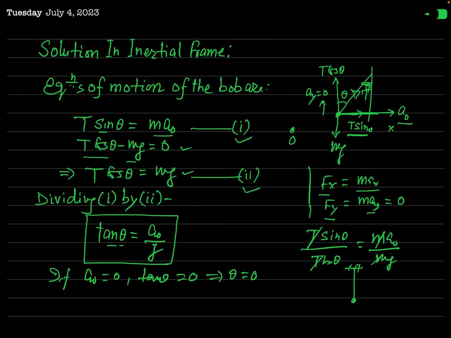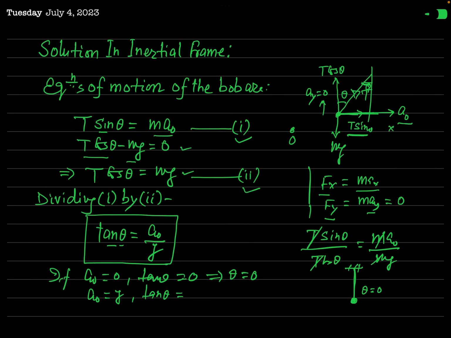Okay, but when acceleration is 0, then the string of this pendulum will be vertical and theta will be equal to 0. And if you consider that a naught is increasing and finally it becomes equal to g, then what will be this tan theta?